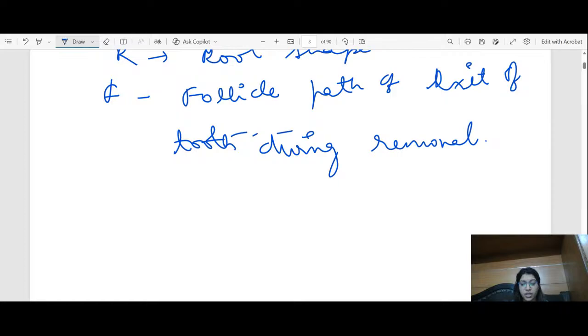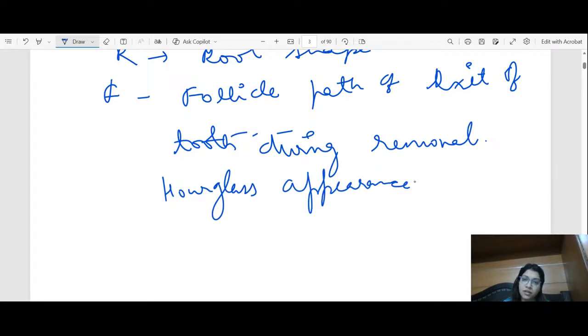There is an important additional point which I'm giving you: the hourglass appearance.